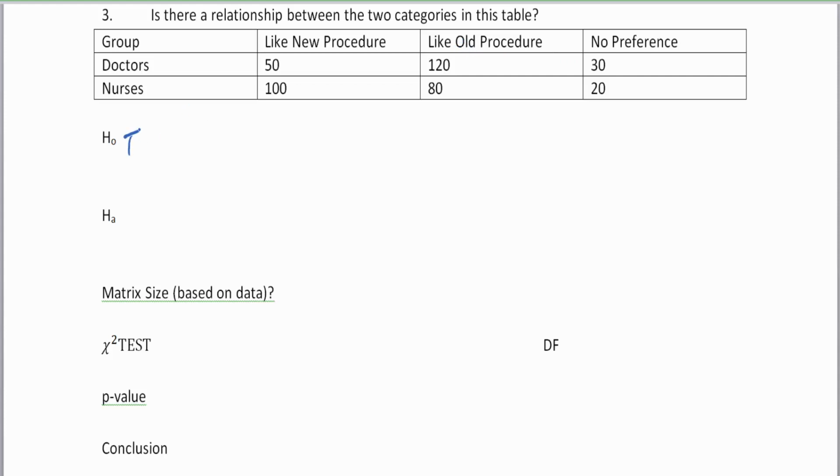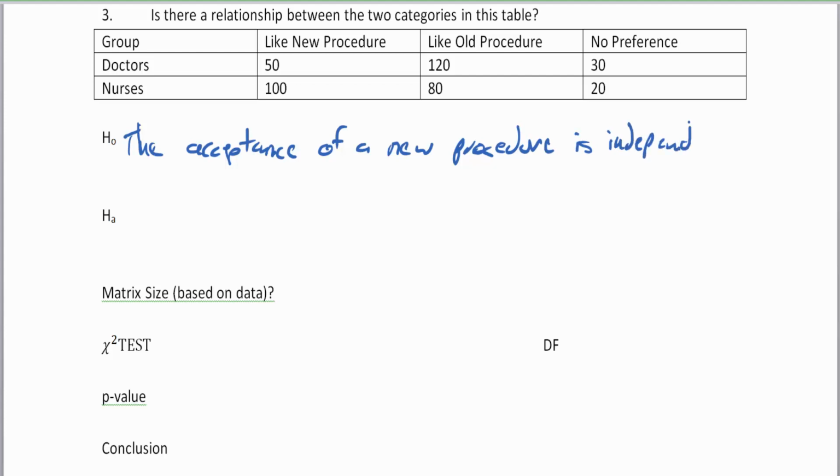So the acceptance of a new medical procedure is independent of doctors and nurses.